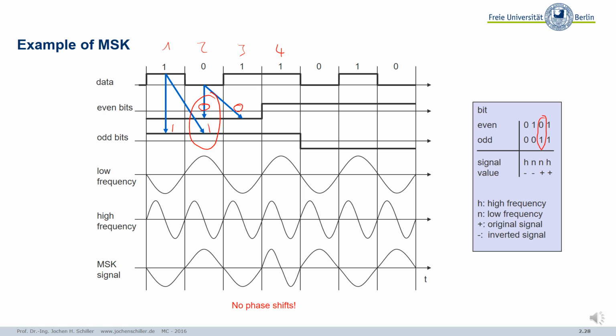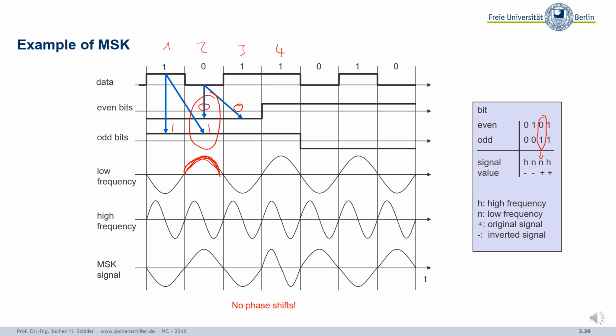Okay, and then you go into a table, and then you decide the frequency and the phase shift of the signal. So that means, okay, for 0 and 1, you go for the lower frequency. That's the lower frequency here.